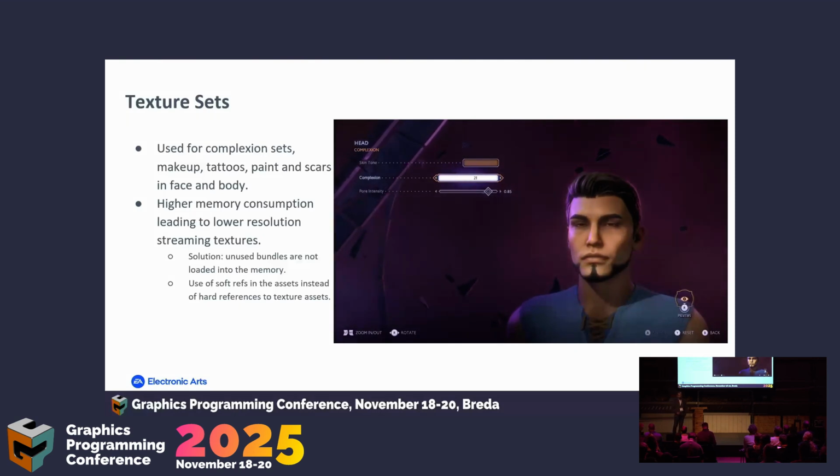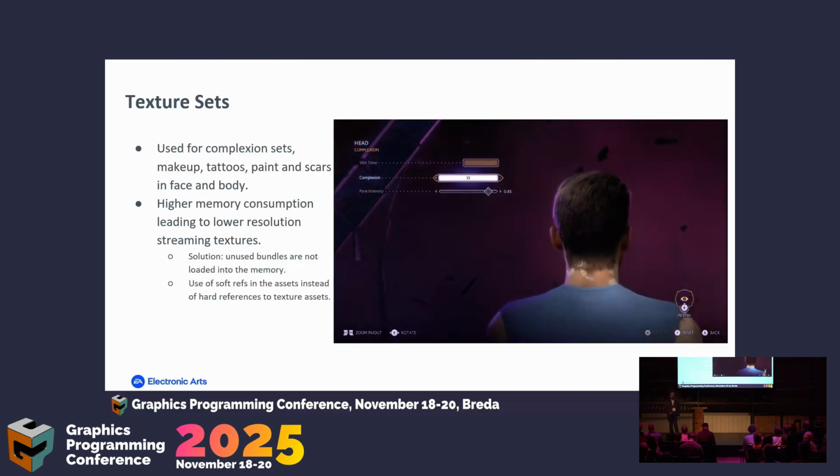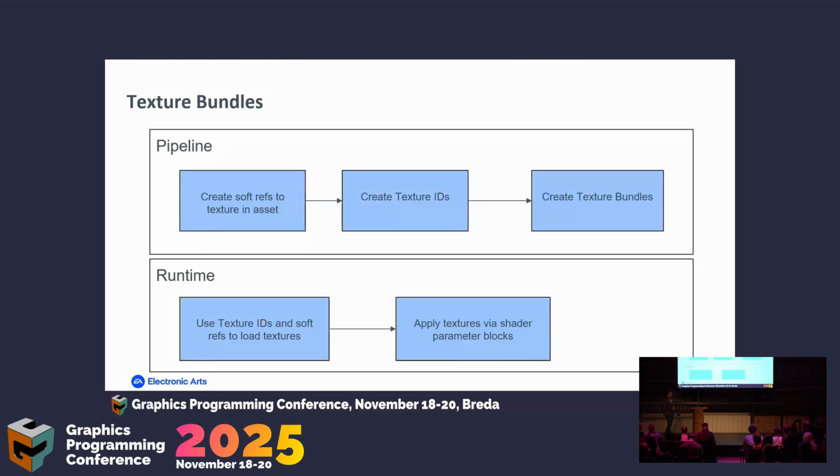We also did soft references for the assets, specifically for character creator. The reason we did this was because we didn't want to load all the texture asset bundles into the memory at once. So we created soft refs to that.